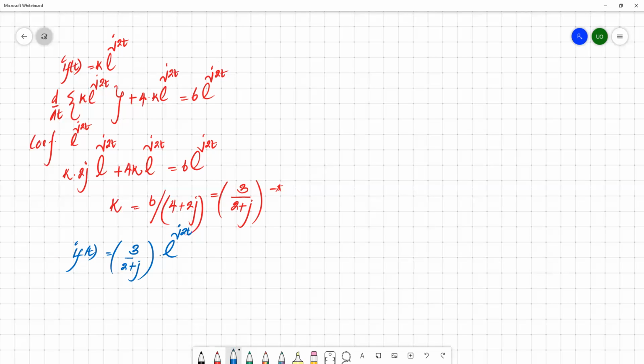In the denominator, we have the complex number 2 plus j. Can we convert it to polar form? The polar form would be root 5 e to the power j theta, where theta equals tan inverse half.